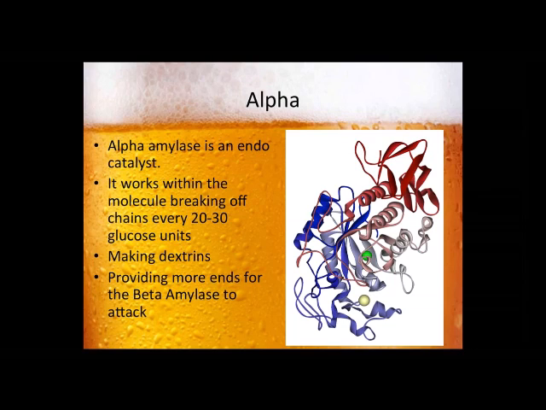They're very sweet. They add a sweetness to our wort or our beer. But they can't be used by the yeast to form alcohol. They're too big. But now that you've broken this up, you're providing more ends for the beta amylase to attack, which will give us our maltose molecules.